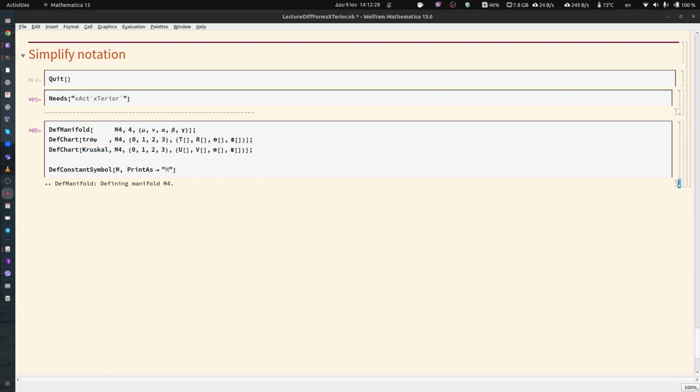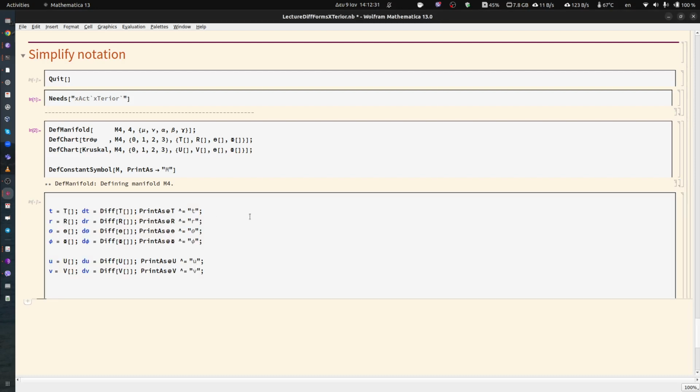But now we create a dictionary between the names of the coordinate functions and symbols that we consider easier to use. So for the name of every coordinate system, I take names that do not use square brackets, and they are the small letter version of their names. So t is equal to capital T, and dt is the differential of t.